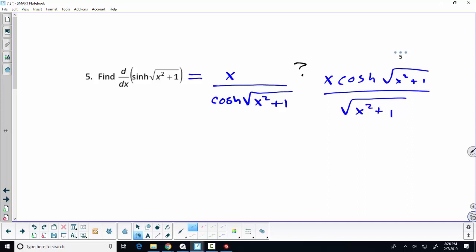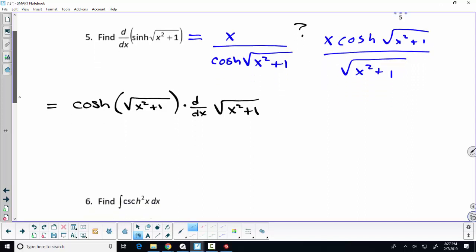So the derivative of sinh. Chain rule dictates that we leave the inner function alone when we take the derivative of the outer. Then we multiply by the derivative of the inner. So that's another chain rule.